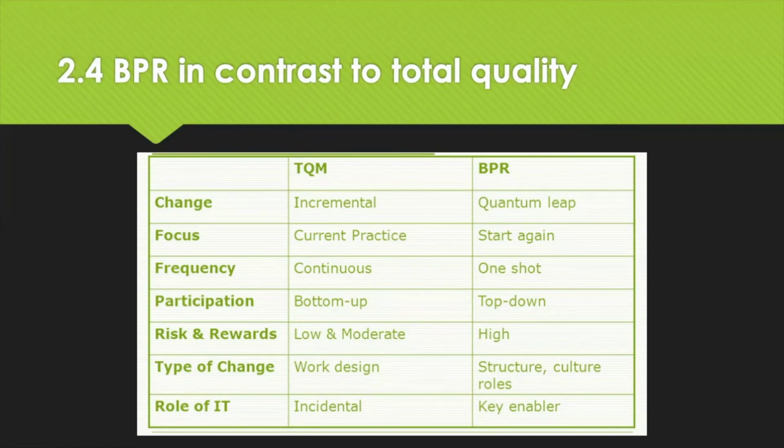And in contrast, business process re-engineering is a process that achieves radically redesigned and improved work in a specific time frame. So in contrast to continuous improvement, BPR relies on different schools of thought.